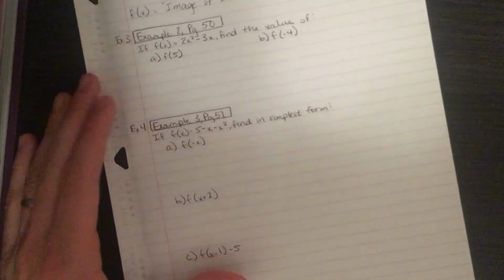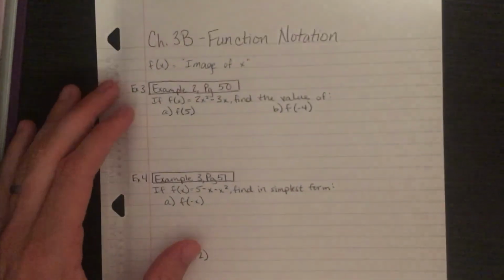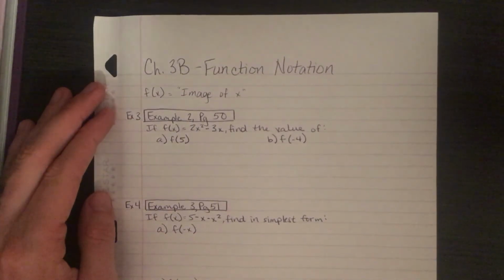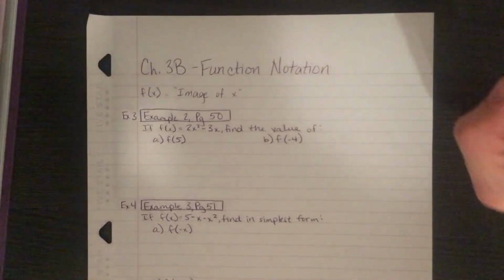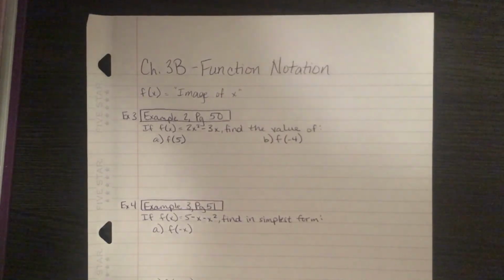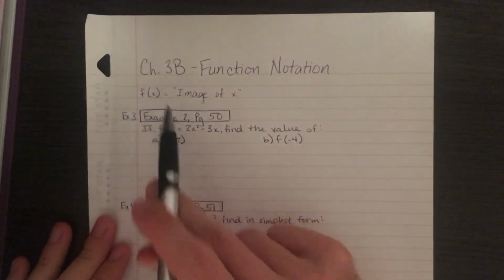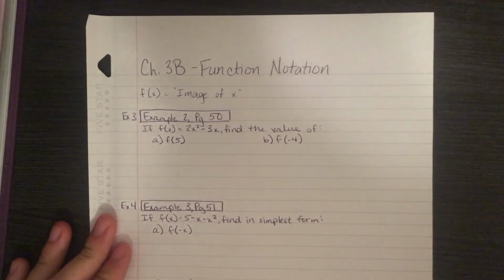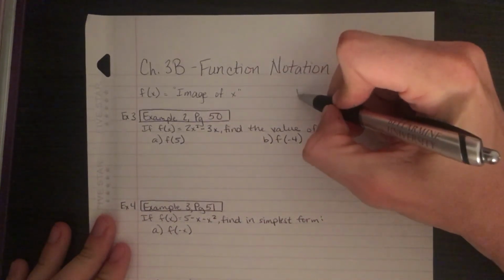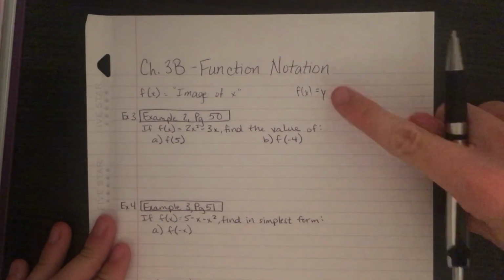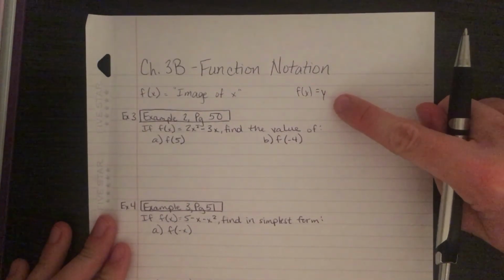So the next thing that we're going to look at is some function notation here. One of the things that we need to understand here is that f of x is basically just saying the image of x. And if you see f of x, that means the exact same thing as y.